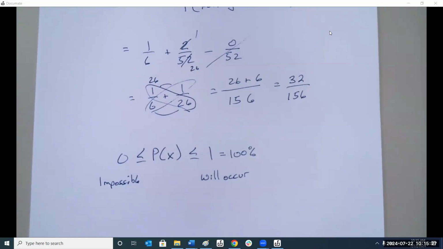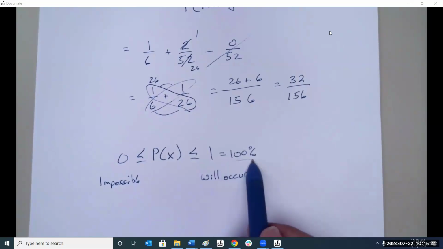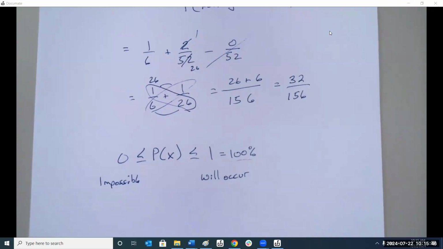Anything else has to be between there. So whenever you hear people say, I will give you 120% of my effort, is that possible? No, because if you give me everything you have, you give me 100% of yourself. You can't give me 20% more because there is no such thing as 20% more of 100%.